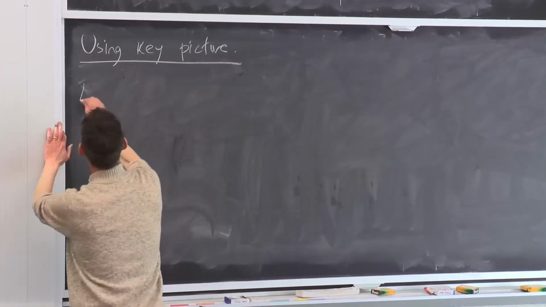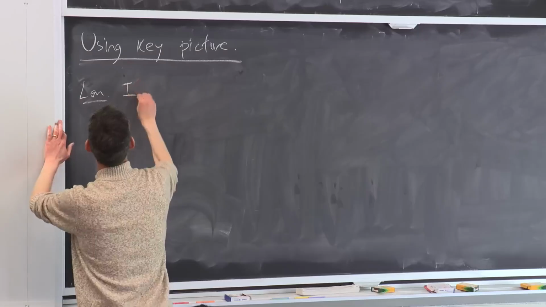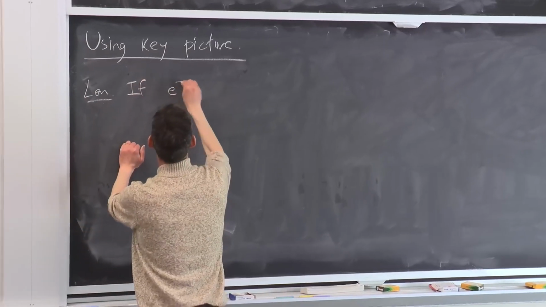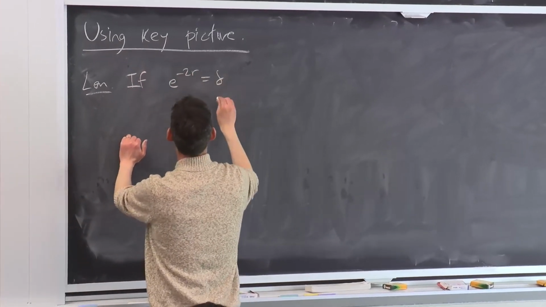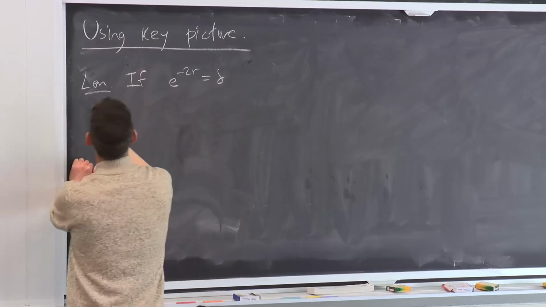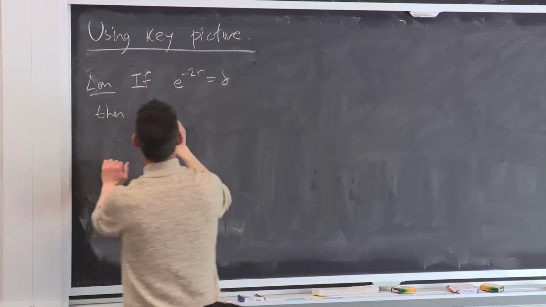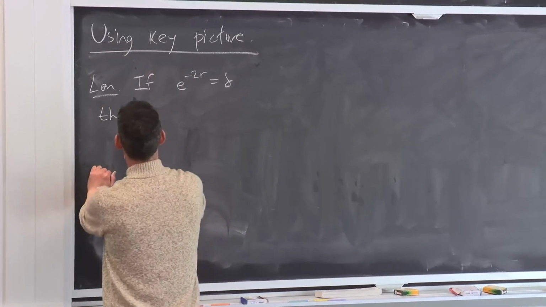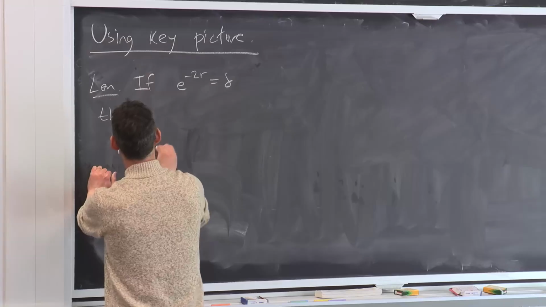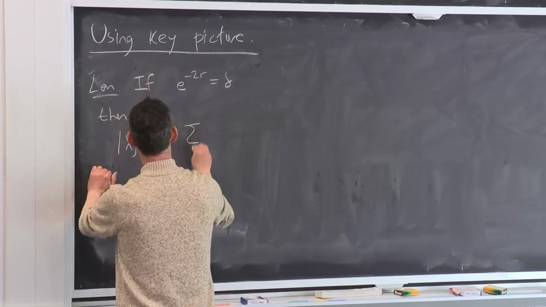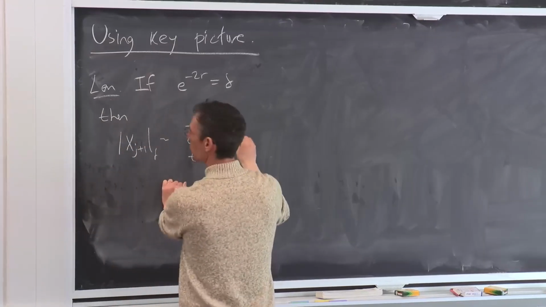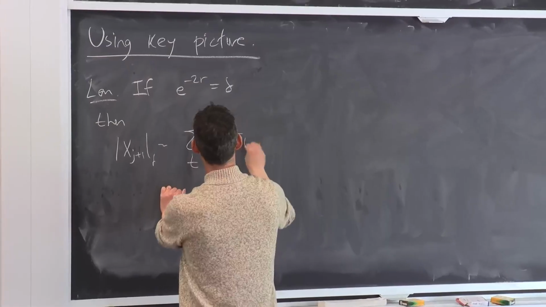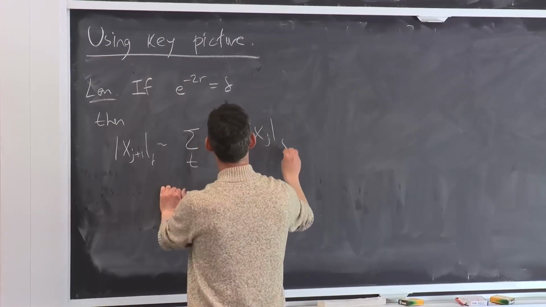we have a lemma. So if e to the minus 2r is delta, then the delta covering number of xj plus 1 is around a sum over t of the delta covering number of pi t of xj.